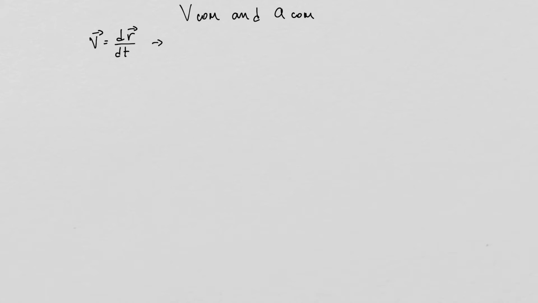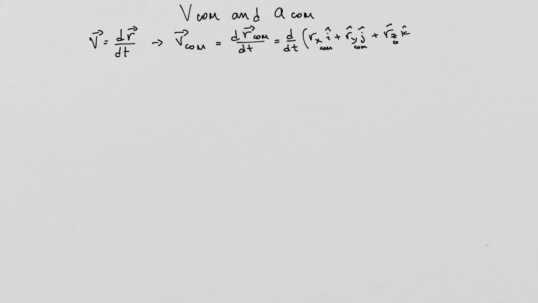So this leads to v COM equal to d r COM dt, which is d dt of r x i hat plus r y j hat plus r z k hat, and of course these are the coordinates of the center of mass.